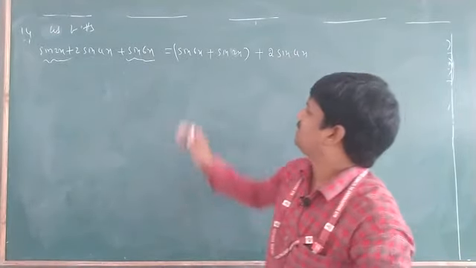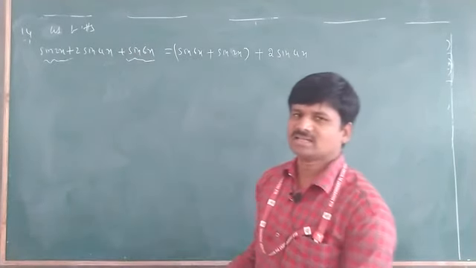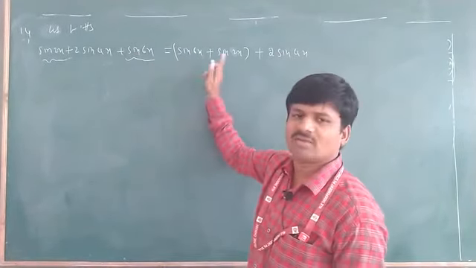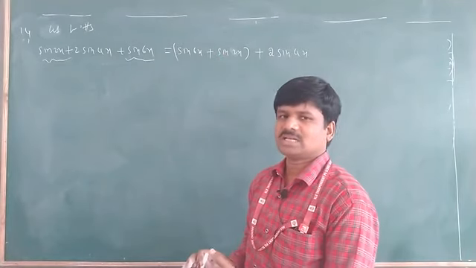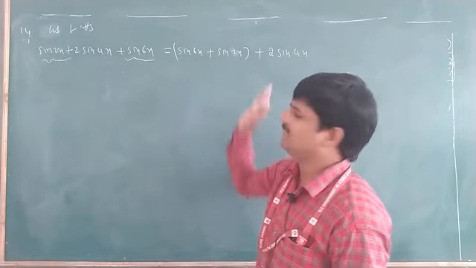Why are we taking sin 6x and sin 2x in one bracket? Because if you write it this way, it converts into a formula. In which form is it converted? Sin c plus sin d.